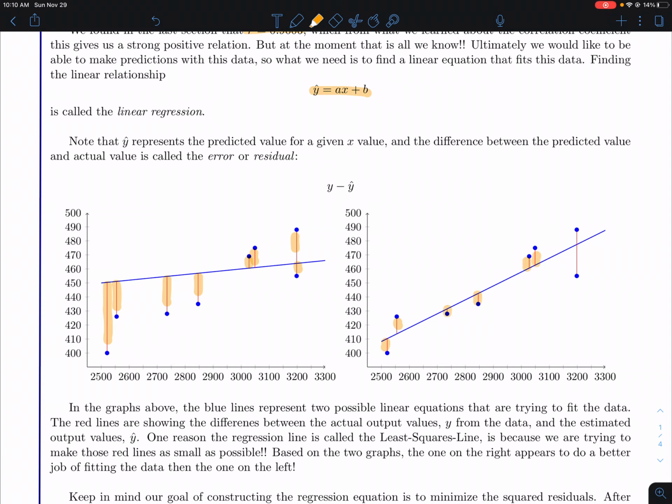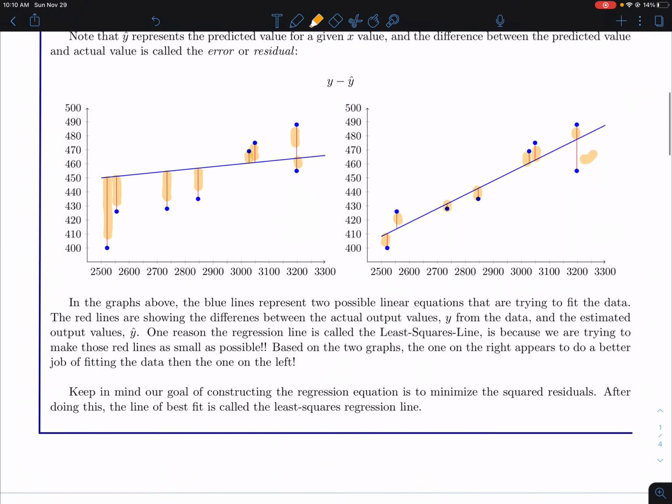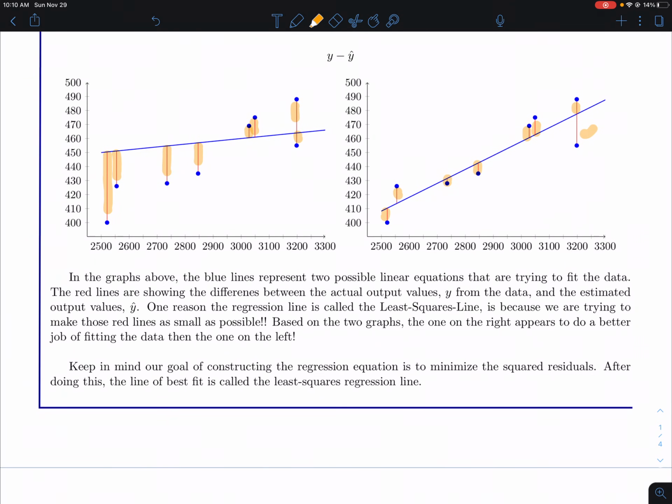Pretty much every one of them is smaller other than this one here, but the other ones are significantly smaller, so we must have done a better job. This looks like a more appropriate linear regression. Another name for a linear regression is the least squares line, because we're trying to minimize the squares of those red lines to make them as small as possible.